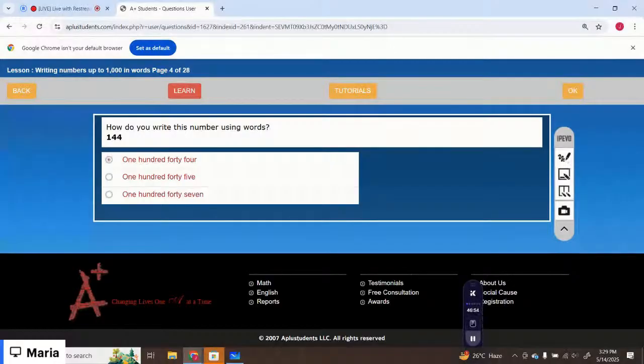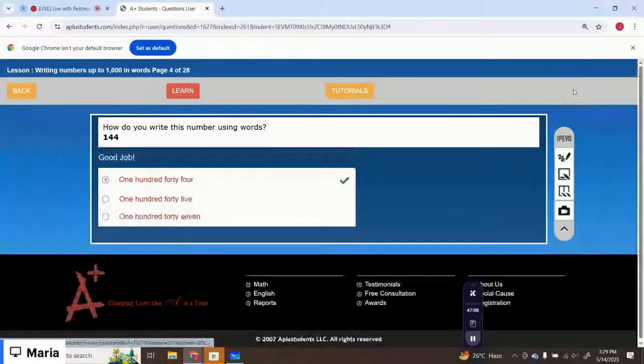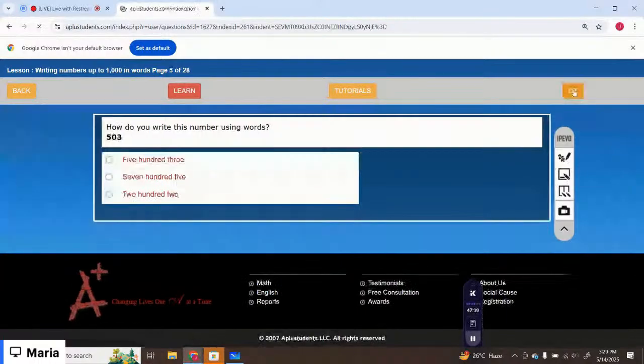That is 144. Option number 1 is the correct option. How do you write this number using words? 503.